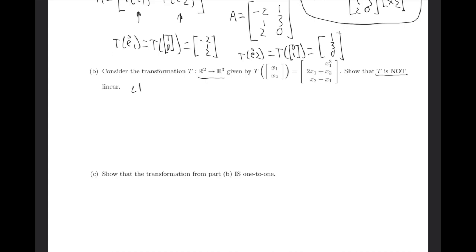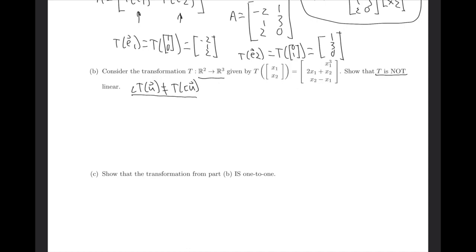We can say C times T of U does not equal T of CU, or we can say that T of U plus V equals T of U plus T of V. These are two properties of linearity. If it fails one, it's not linear. So let's go ahead and start with the one that's called homogeneity right here.